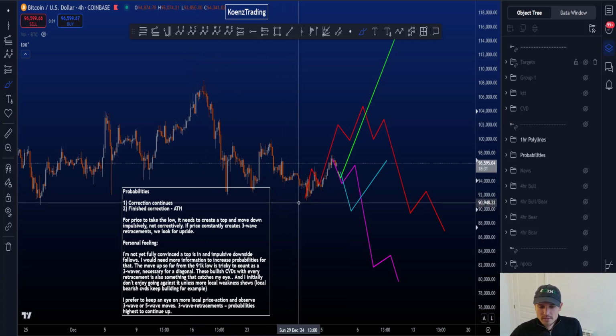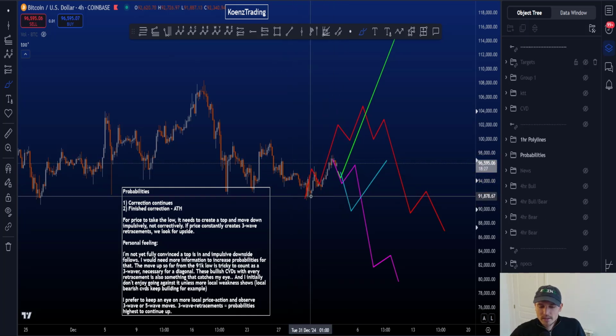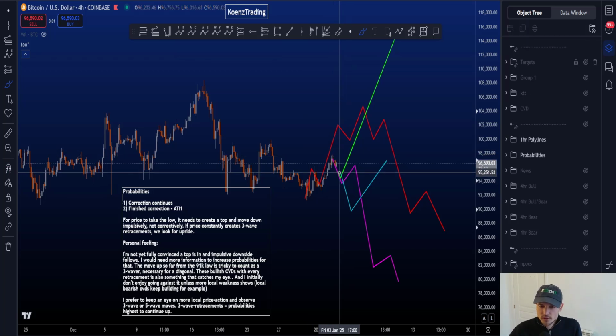The bullish CVDs, right, that we had with every retracement as price moved to the upside here is something that catches my eye, and I initially don't enjoy going against those bullish CVDs, meaning shorting into bullish CVDs, right? Unless locally more weakness is going to show.